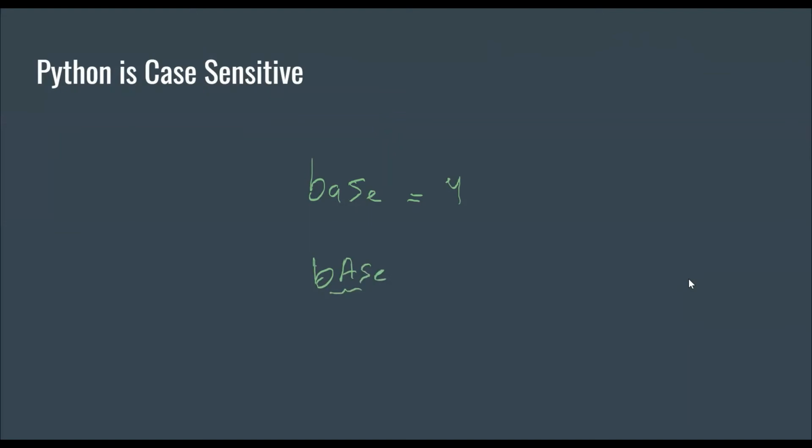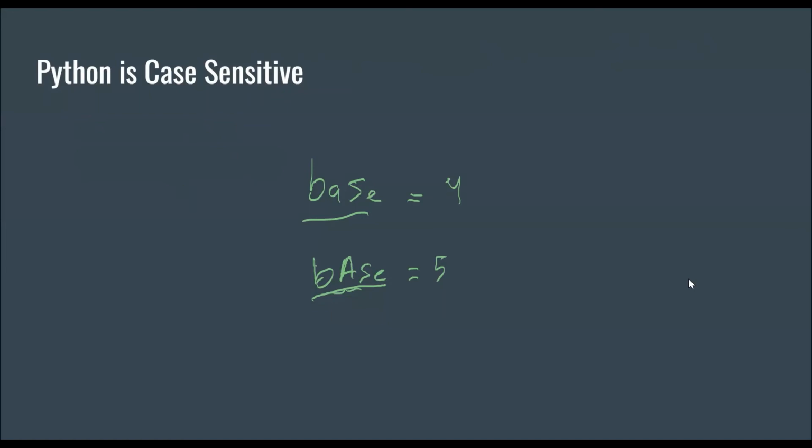So base with a capital B will be a totally different variable. So these two are totally different variables. It's like this is A and this is B. So the case of the letters when you choose a variable name is important in Python. This is why we say Python is case sensitive.